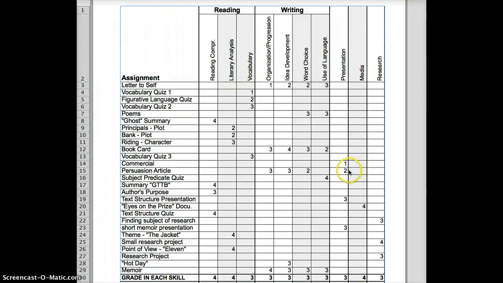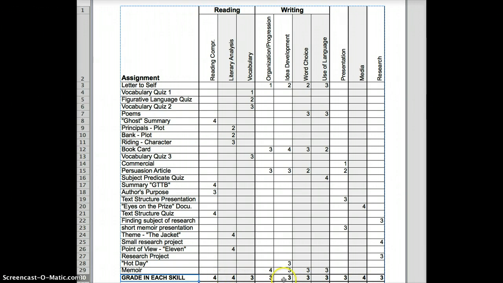The second time the student received a 2, they started to understand, they started to get it, and by the end of the semester or year, they were receiving 3s for presentation. So they did very well. And so they ended up with a 3 because this is the mode, or what we call the most frequently occurring score.